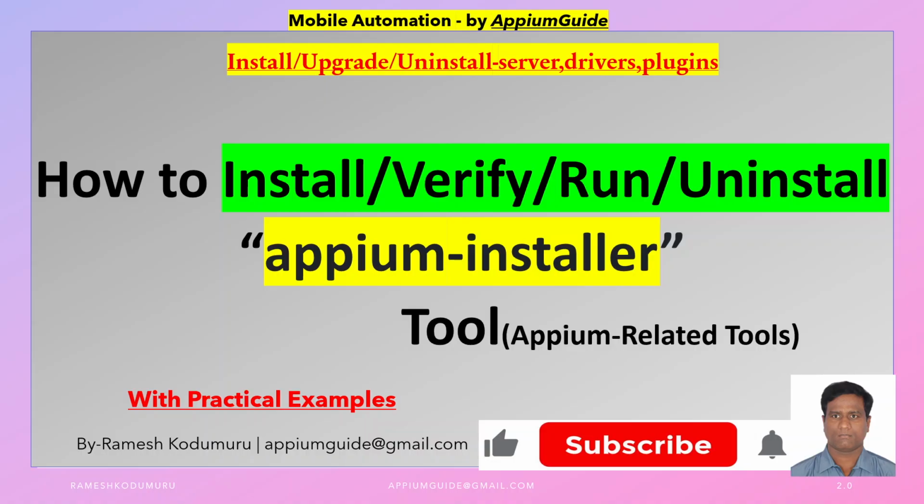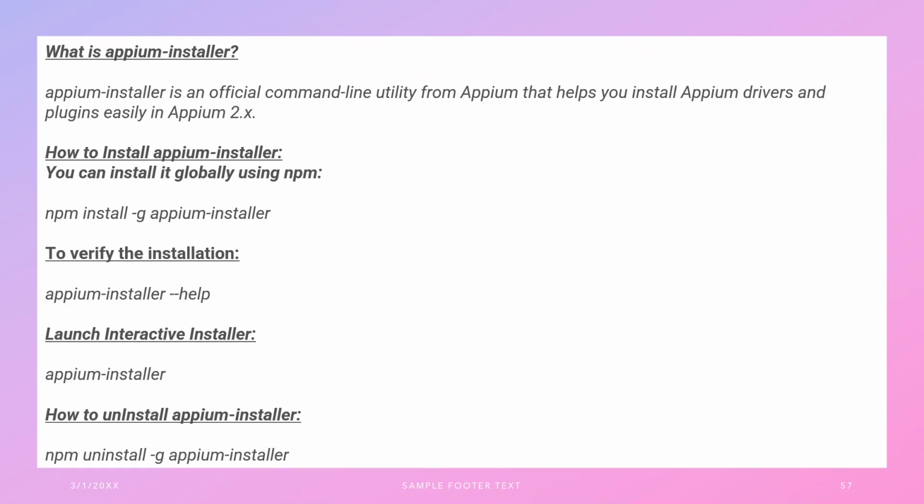First of all, we understand what exactly this APM installer is. APM installer is an official command line utility from the APM that helps you install the APM drivers and plugins easily in the APM 2.x. You may have seen in a lot of software nowadays we have the installer.